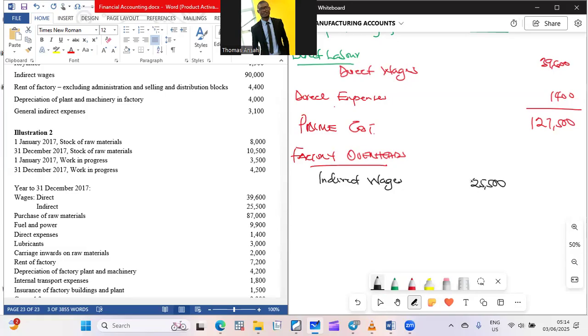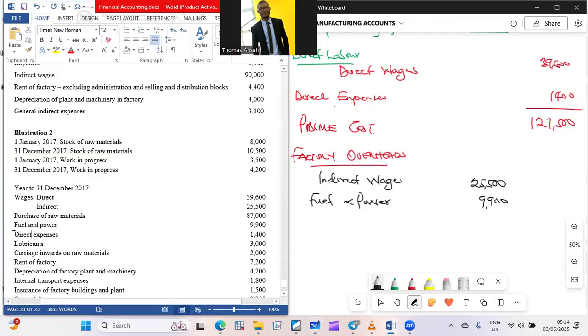Any other indirect or any other factory costs? So we have had this. What do you think this one is for? Fuel and power is for production, right? It's not for finished goods. All right. So that would be 9,900, right?